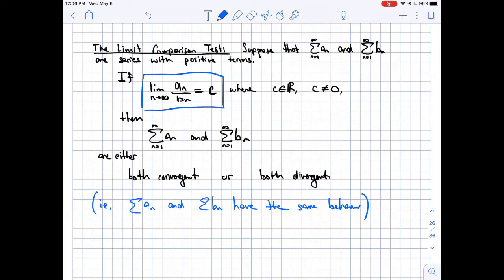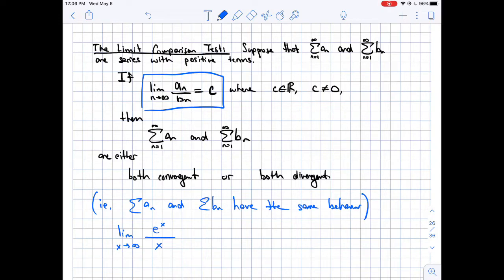What does it mean when this limit is equal to c? In the past, we have talked about one very important rule when it comes to limits, and that is L'Hopital's rule. So we know that if we're doing the limit as, for example, x goes to infinity of e to the x divided by x, well, both of these are going to infinity, but that means it's an indeterminate form.